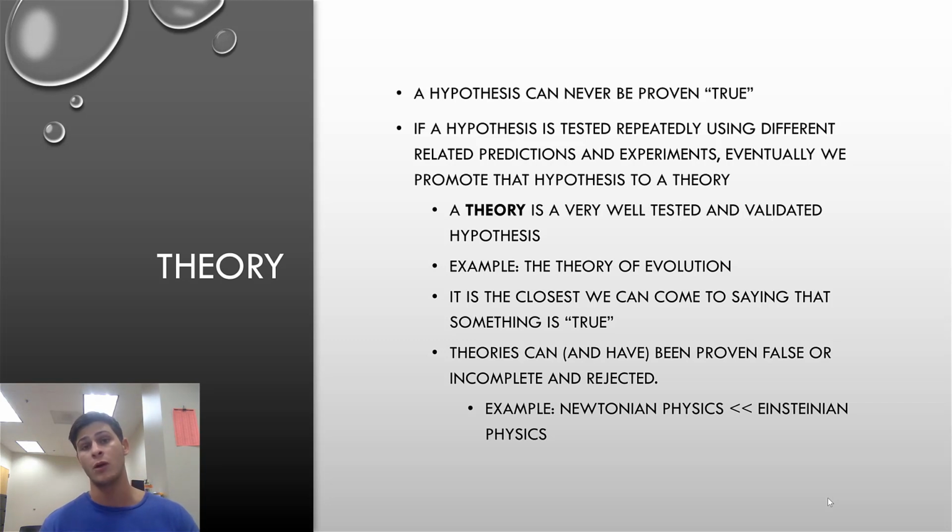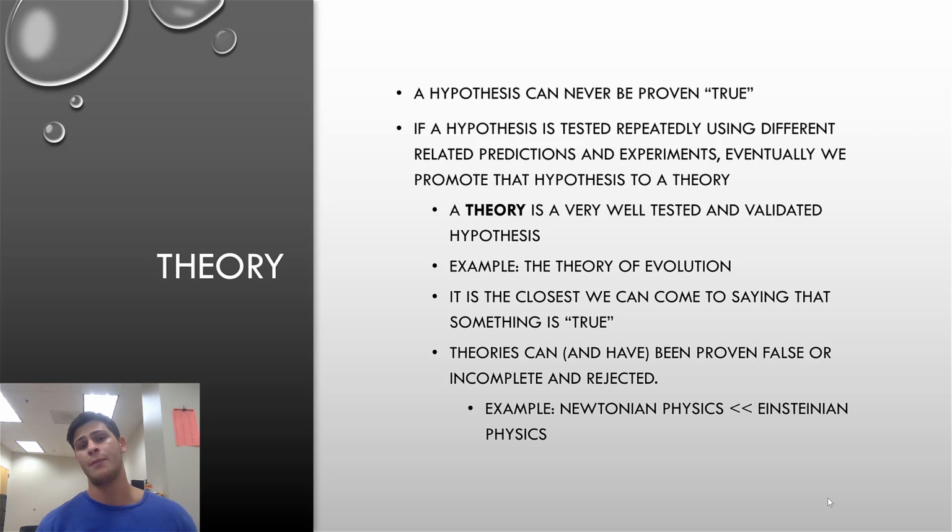The predictions associated with Newtonian hypotheses and theories no longer worked in certain situations. And so what Einstein did is that in a series of equations, he augmented the theories behind Newtonian physics to more accurately reflect and account for the predictions that he had observed in his very specific experiments and mathematical theories.